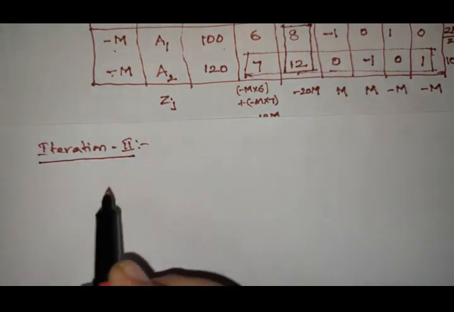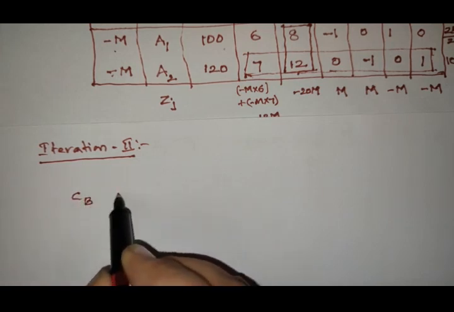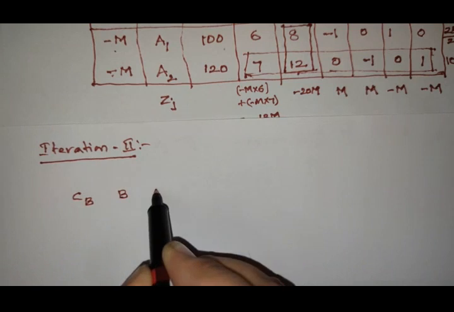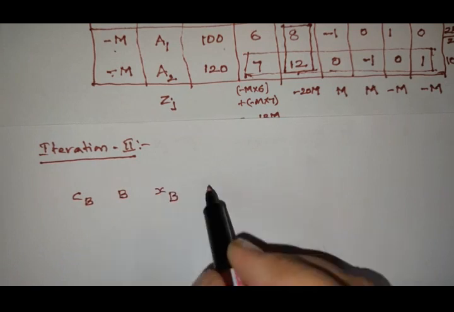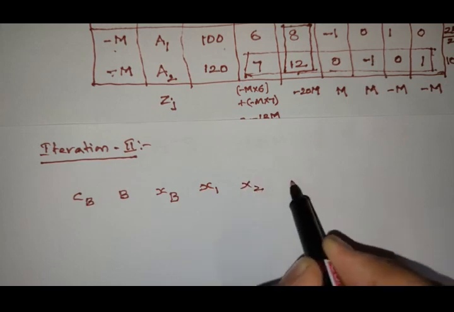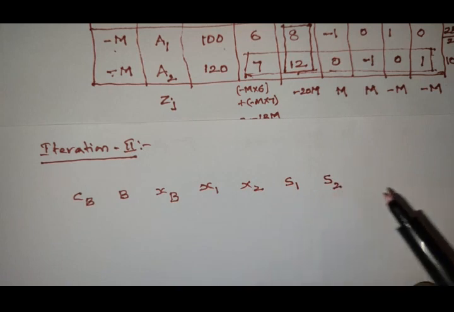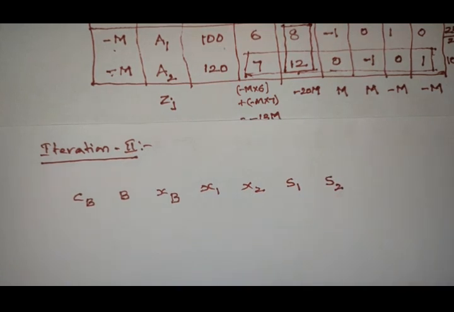So again I am rewriting CB, B, XB, x1, x2, s1, s2. Up to this is common.